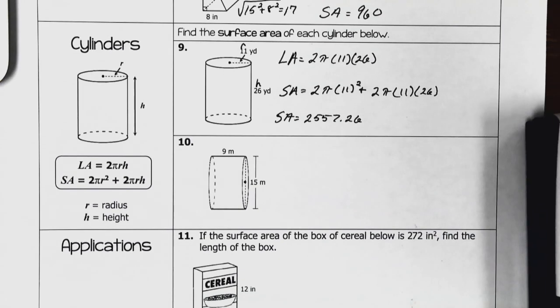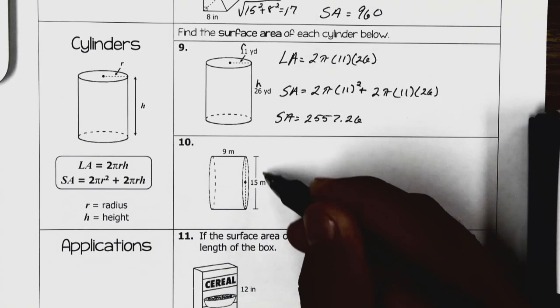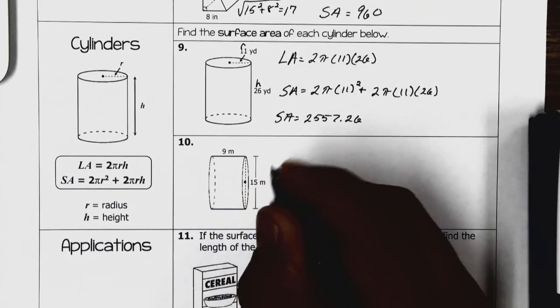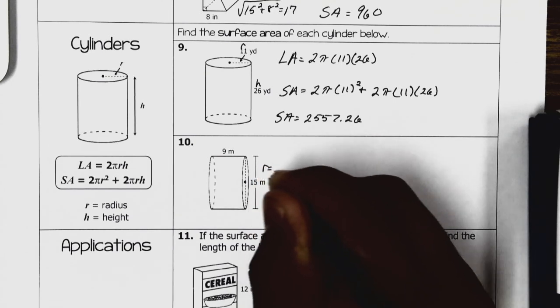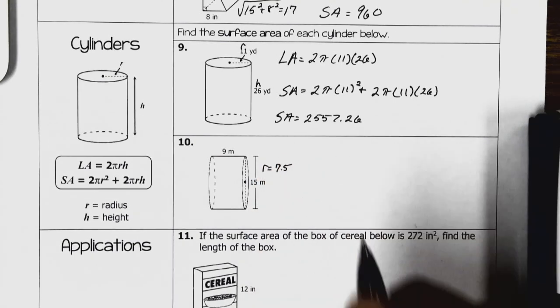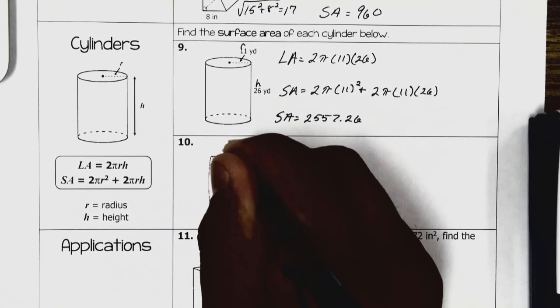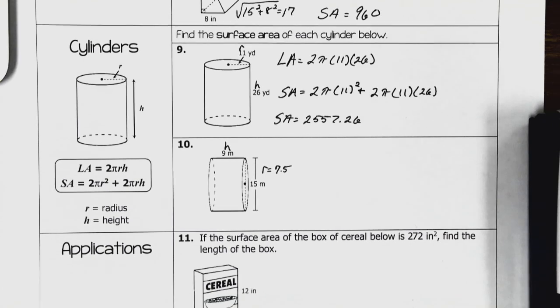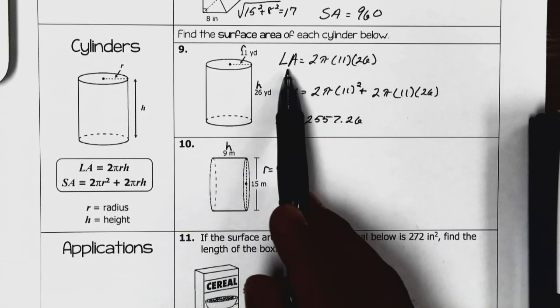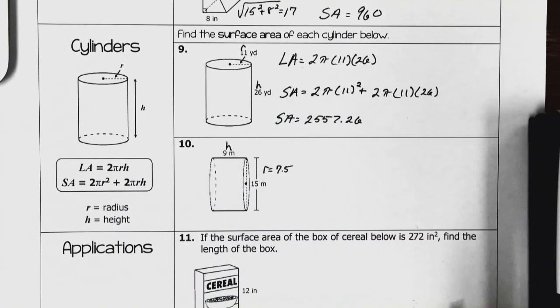All right, same thing for this one. So this one, they give you the full diameter. So that means the radius is half of that. So radius is equal to half of 15, which is 7.5. And then right here, the distance between the two circles is this 9. So there's my height. So we'll just ignore this part right here and jump straight into this.